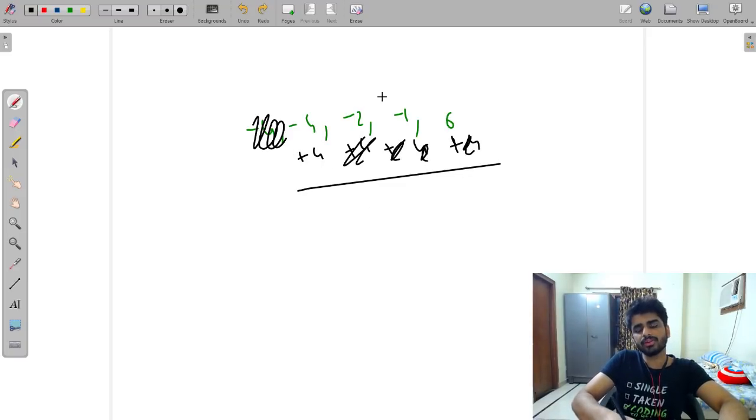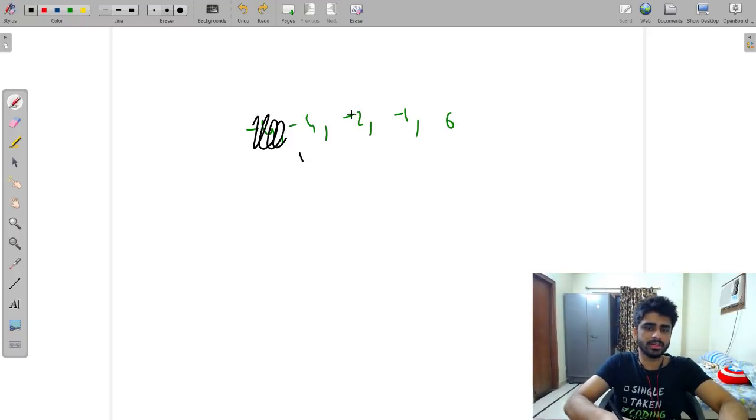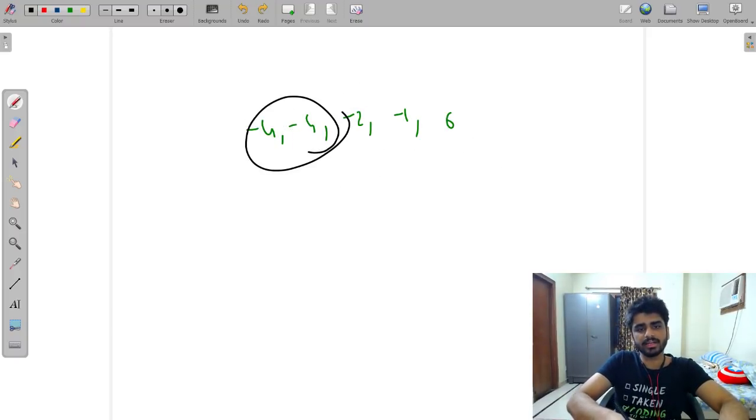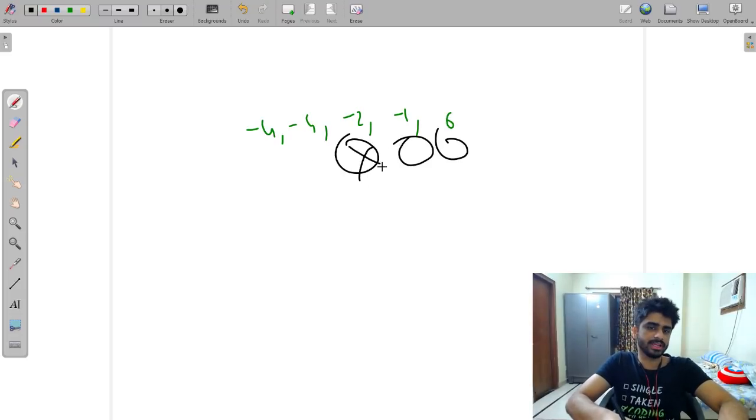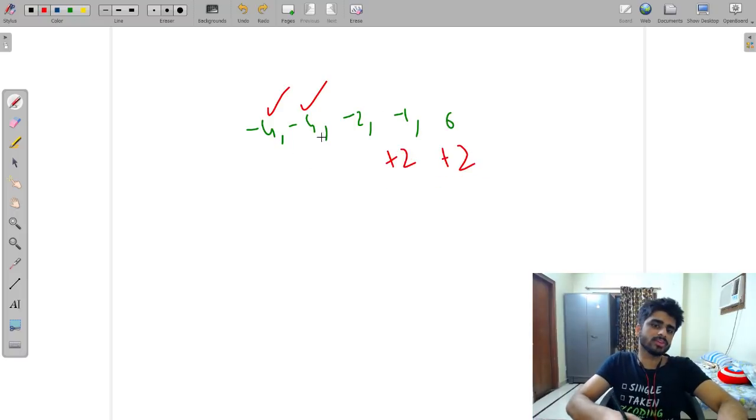And then if you want to remove this, what I'm trying to say is whenever you erase an element, the effect of all the previous elements is the same in all of the elements, so it gets totally cancelled out. If we want this element to remain till the last move, this will get removed, this will get removed, and when this gets removed, we will add 2 everywhere, and that's all that will be left.